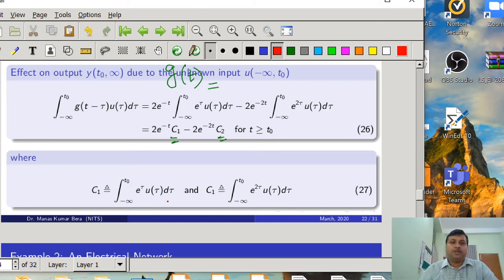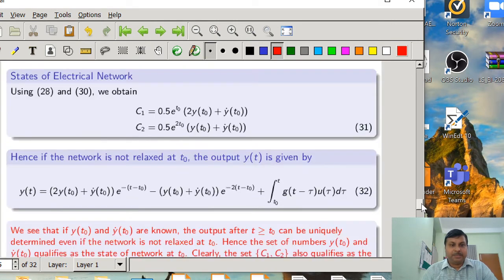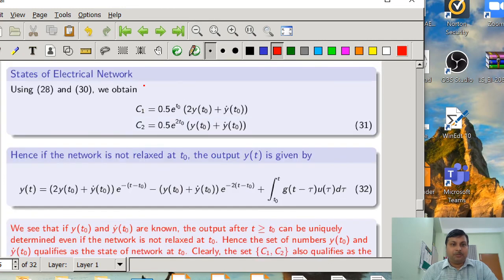Now with the expression we have determined, it is easy to know how C1 and C2 can be calculated. Both C1 and C2 are depending on y of t0 and y dot of t0. So let us see what y of t0 and y dot of t0 are.